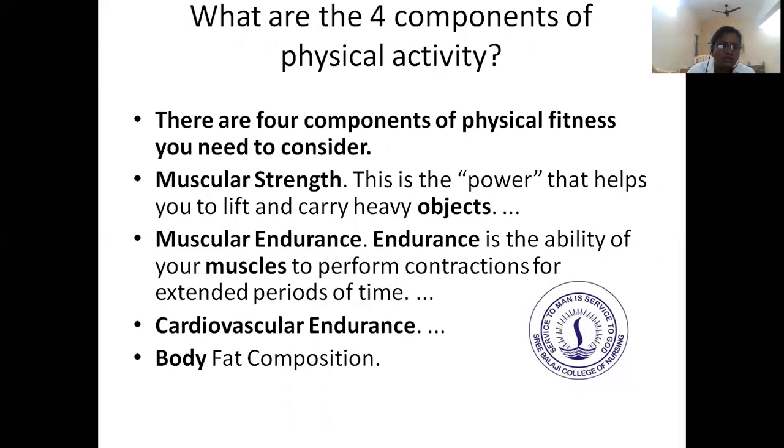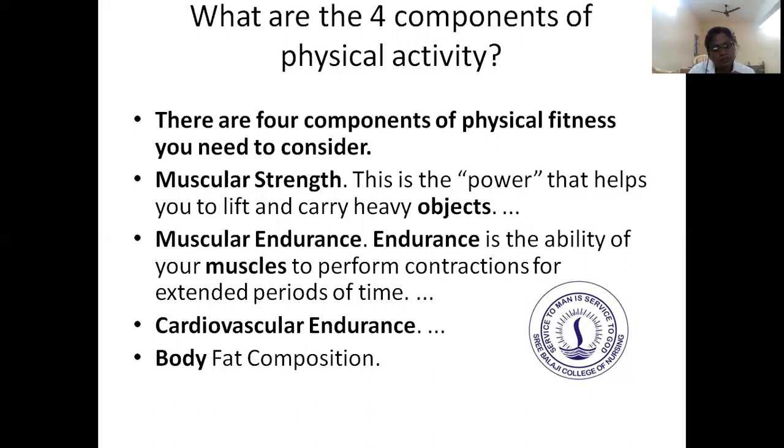Whatever we are discussing, we have so many components for each and every one. Like this, for physical activity there are 4 components of physical fitness you need to master: muscular strength, muscular endurance, cardiovascular endurance, and body fat composition. Muscular strength is the power that helps you lift and carry heavy objects.